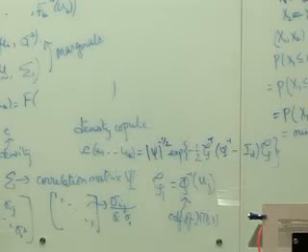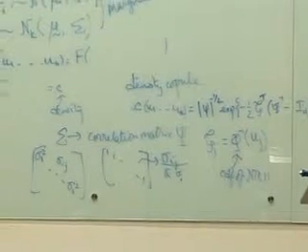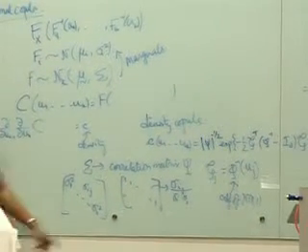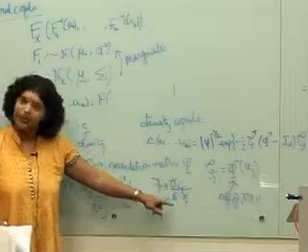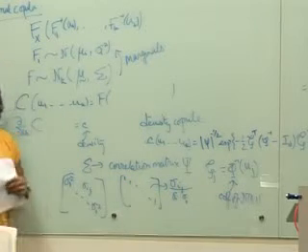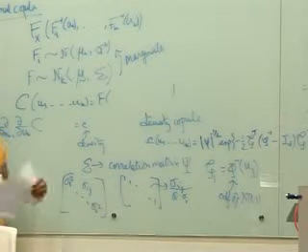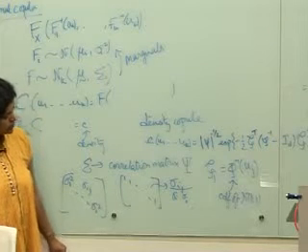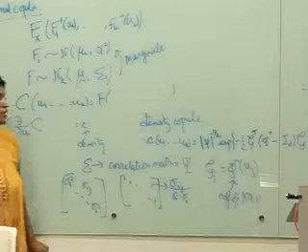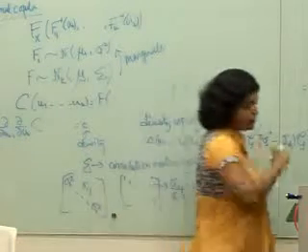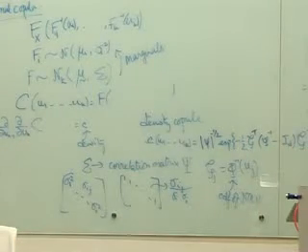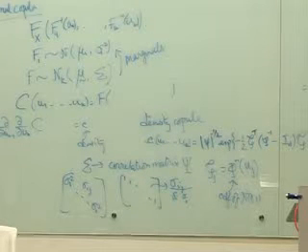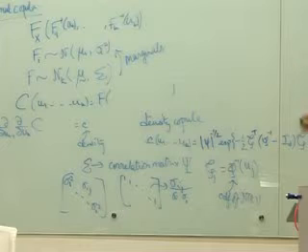The correlation matrix has elements sigma ij divided by the standard deviations, corresponding to I and j, right? We haven't talked about what correlation is. So that is the definition of correlation. We have said that the covariance is sigma ij. So if you divide the covariance by the standard deviations, then what you get is called the correlation.